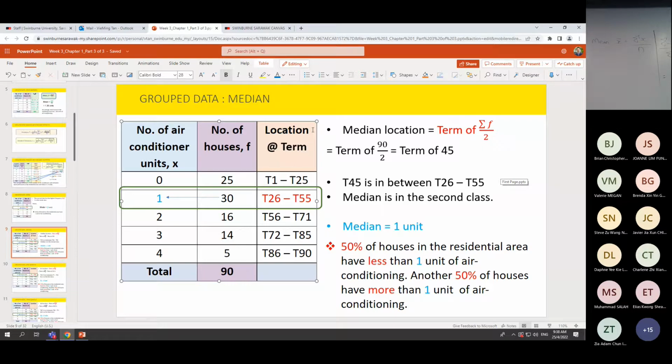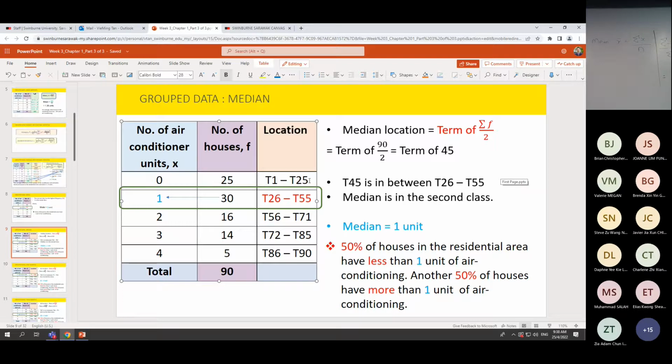We need to build a column first to identify the location of all the terms. I can just put term, location. So for the first class, the frequency is 25, right? That means those households with the least aircon are in the first class, which is 0. How many of them?